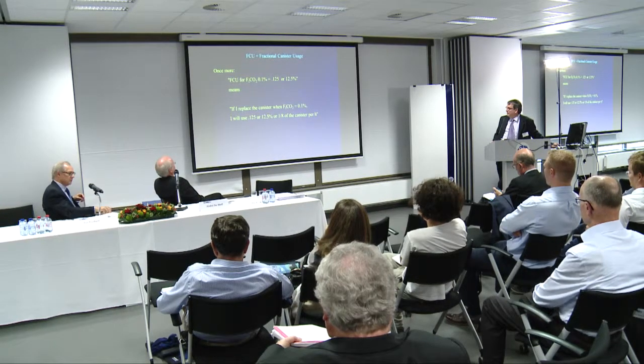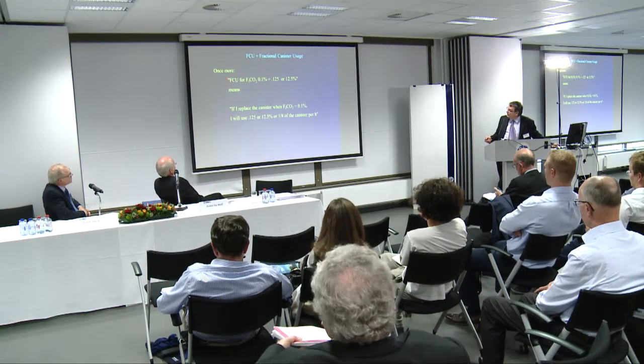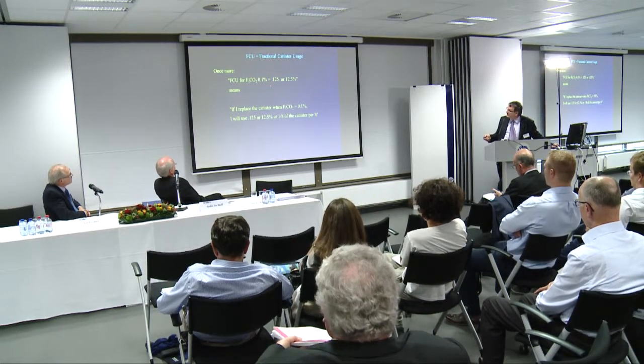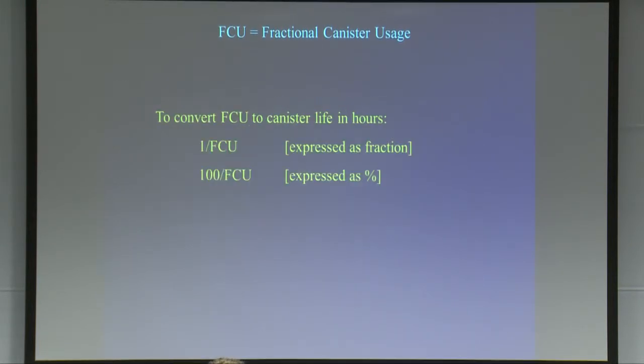So, you have it right. So one more time, if you see FCU for 0.1% is this number, it means if I replace the canister when the FiCO2 is 0.1%, I will have used 0.125 or 12.5% or 1/8 of the canister per hour. If you want to convert it back to hours, you just have to divide 1 by the FCU.